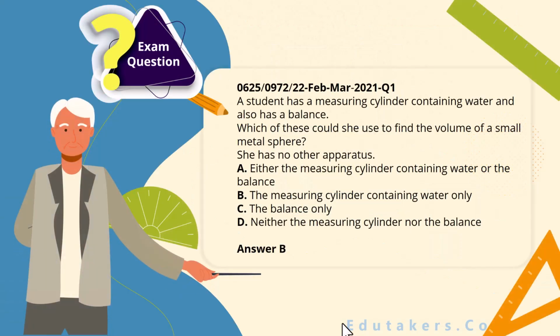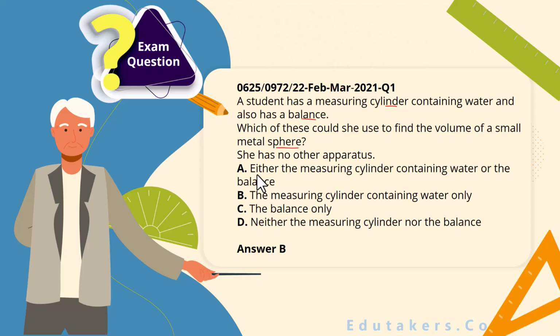Here is the example question. A student has a measuring cylinder containing water and also has a balance. Which of these could she use to find out the volume of the small metal sphere? A student wants to find out the volume of the small metal sphere. So which instrument can she use?